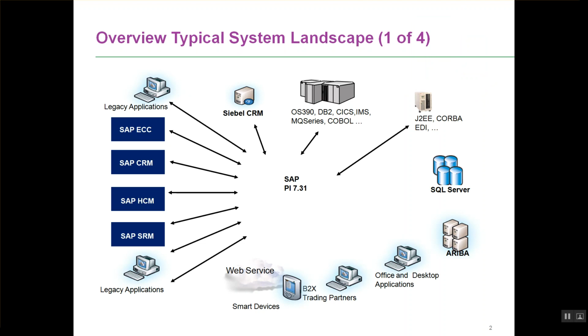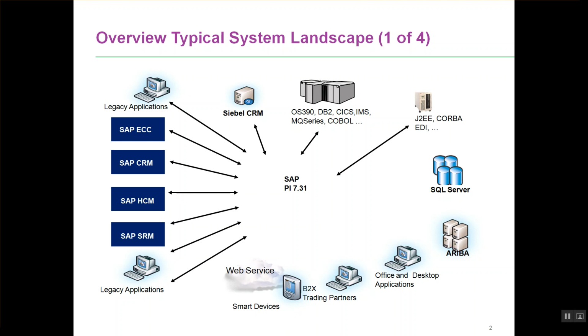Okay, so with that, let's relook at what an SLD is. Remember, we touched upon that in the previous section. The role of an SLD is like a telephone directory. All the systems in your landscape typically register themselves to the SLD.